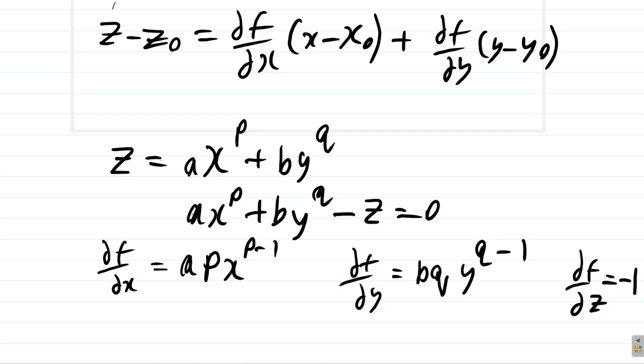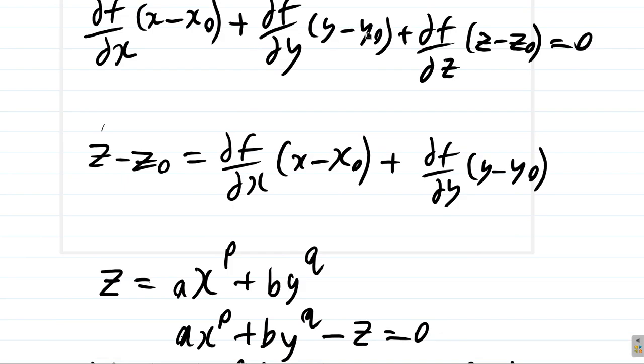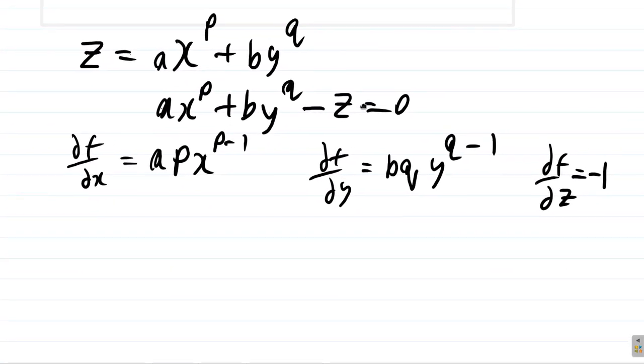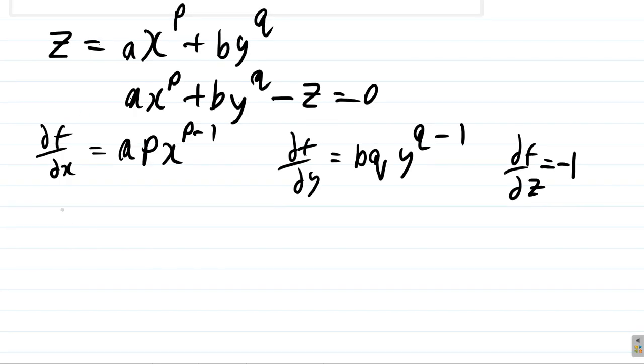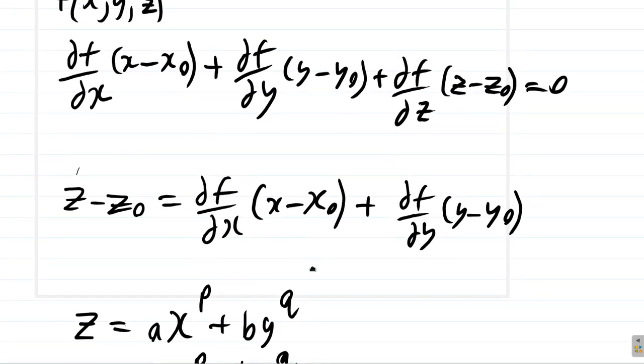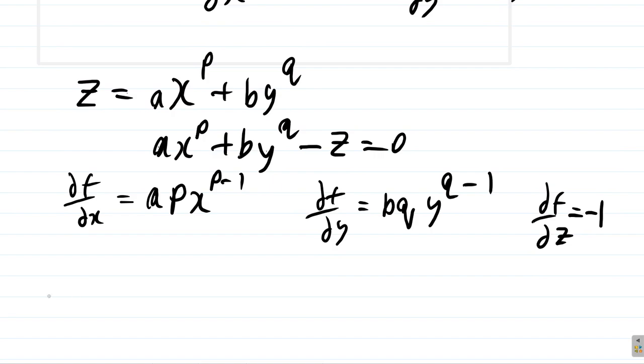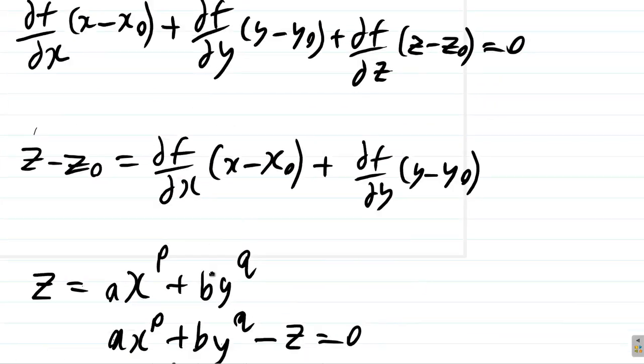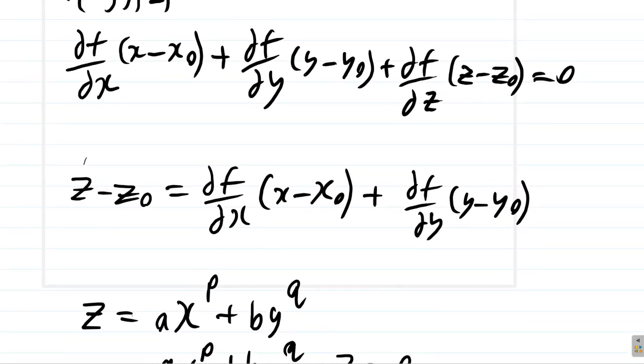Now, when you put the values in this formula, you get delta f by delta x times x minus x naught. You see that? So let's write it down. Delta f by delta x is actually ap x to the p minus 1, times x minus x naught, plus delta f by delta y, y minus y naught.